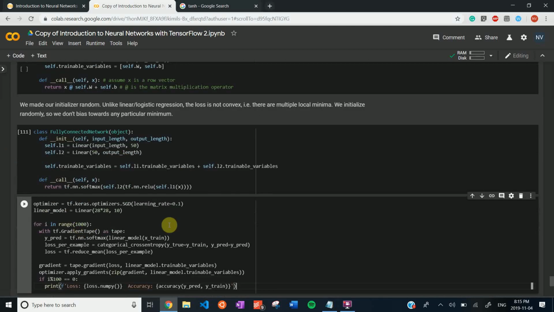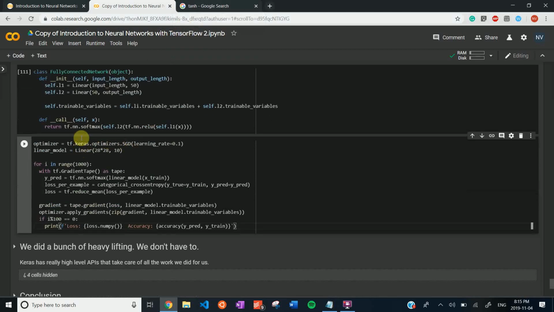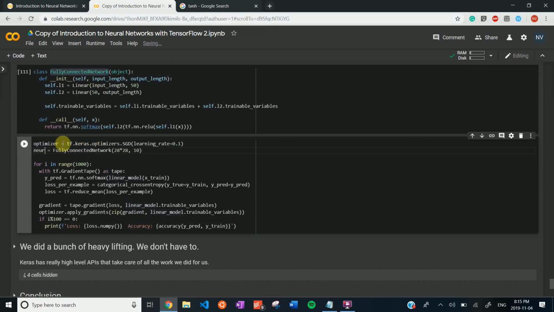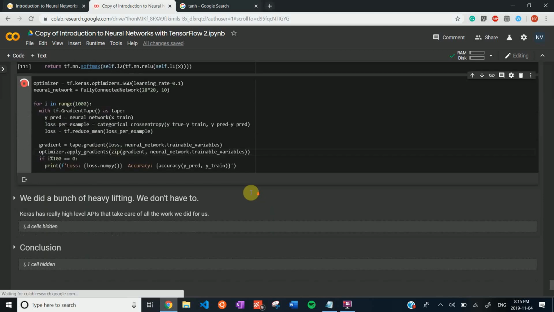Throughout the workshop, if you guys had your laptops, I would have made you write this yourself because we've done the same thing like 3 times, but I'll just do it here. It's literally plug and play, right? I'm just going to call this neural network now, where we apply this neural network to our data. We already have the softmax, we don't need that. And trainable variables, and boom.